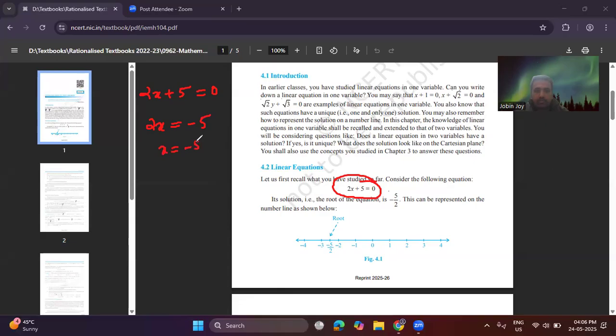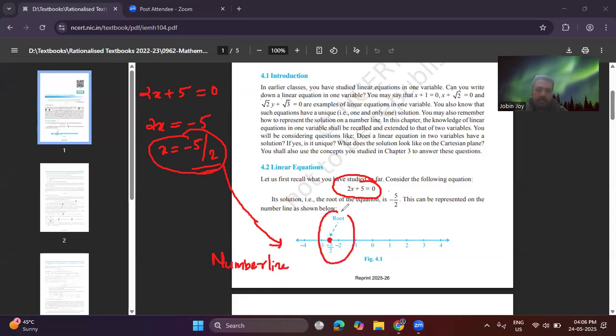So x equal to minus 5 divided by 2. This is the solution. And this solution is unique, and you can represent this solution on the number line. So for example, here you can see minus 5 by 2. This is called a root or solution, and we can represent it on this number line.